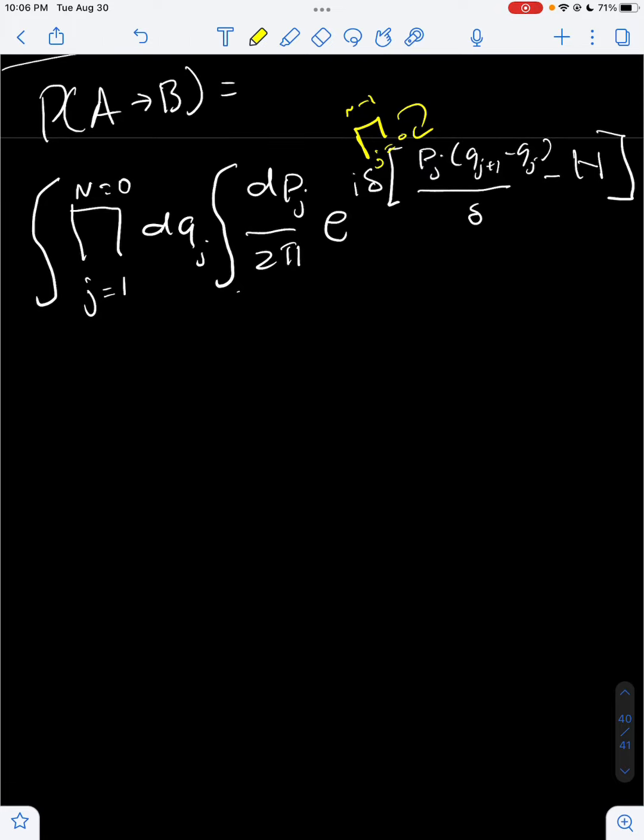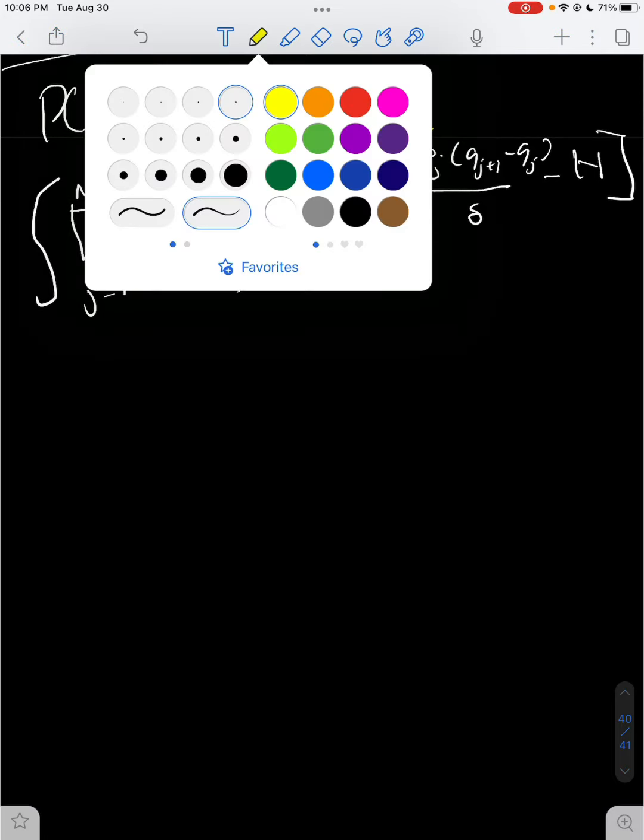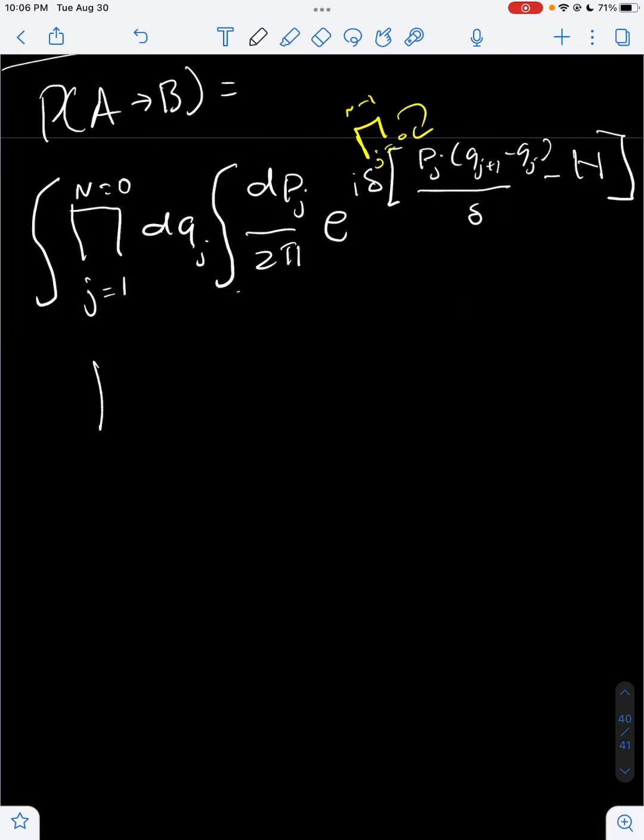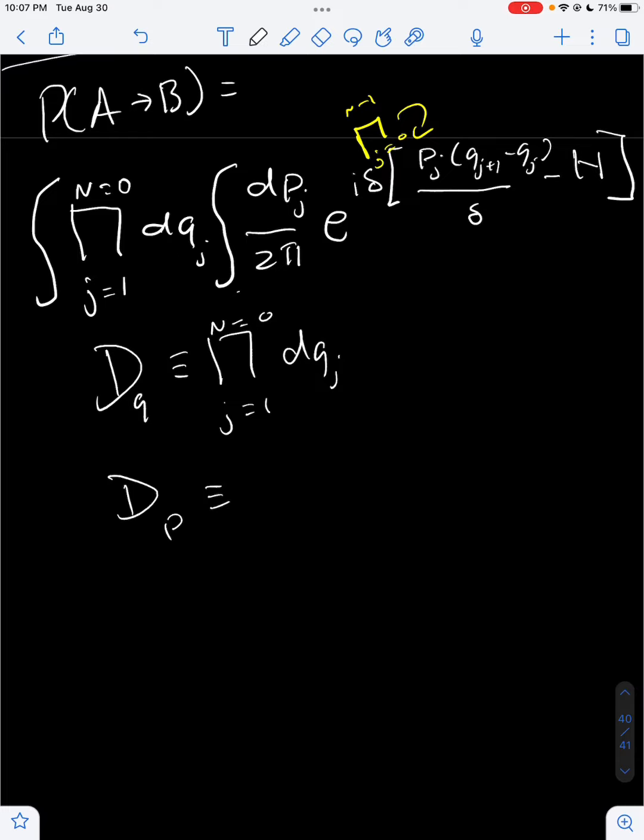But what people like to do is define what's called the path integral measure, which is like a weird curly Q, defined as this thing that you see here. And a similar thing with p, which I like writing in terms of this weird curly thing that you see here.